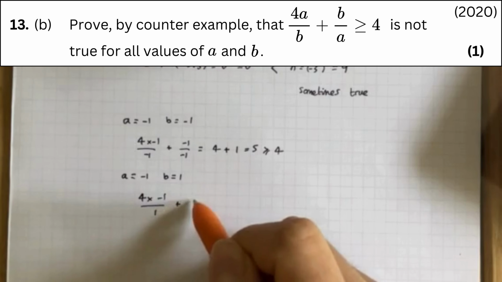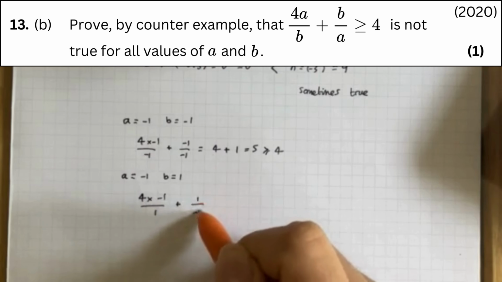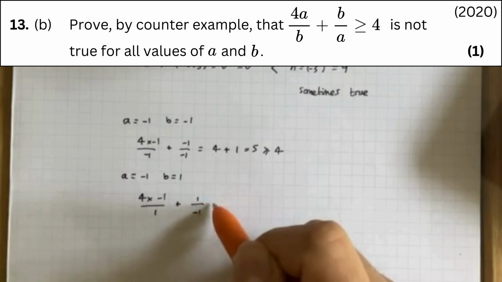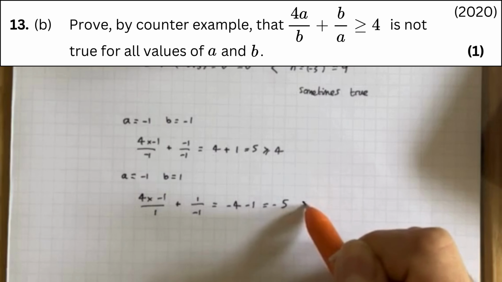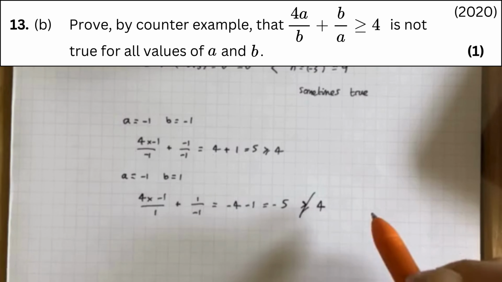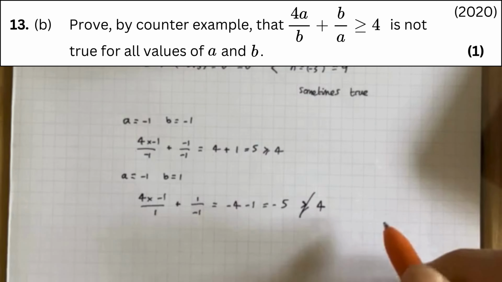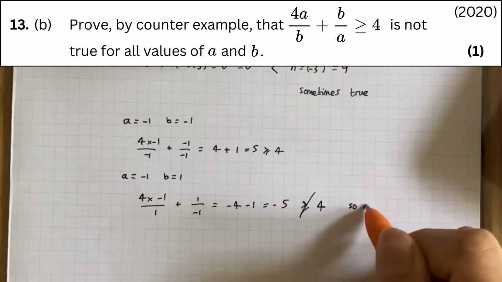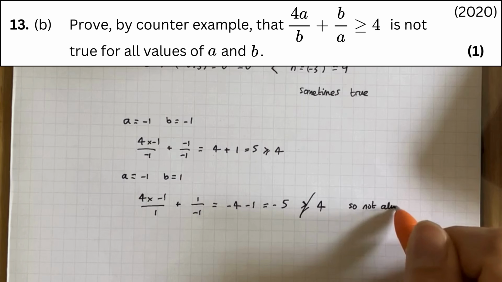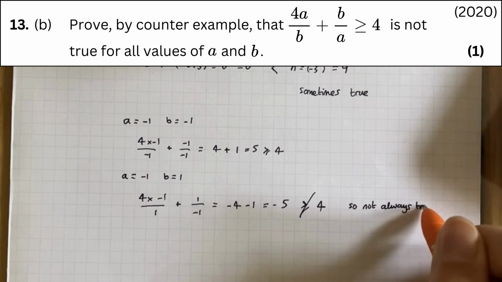A proof by counterexample only needs one singular example. If you find one example where it fails, that is your proof done. In this case, we get -5, which is definitely not bigger than or equal to 4. So this statement is not always true.